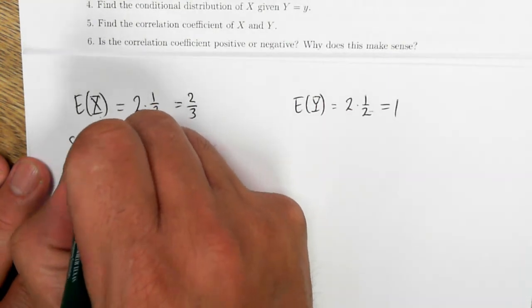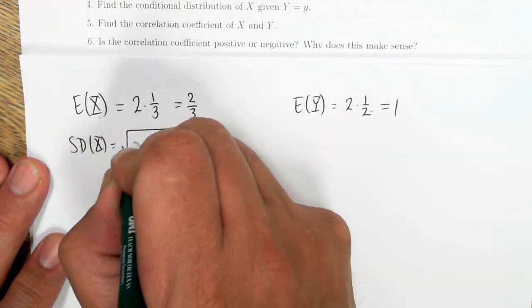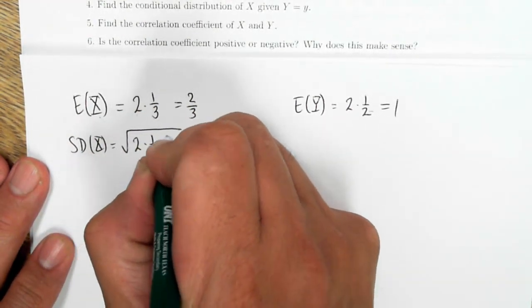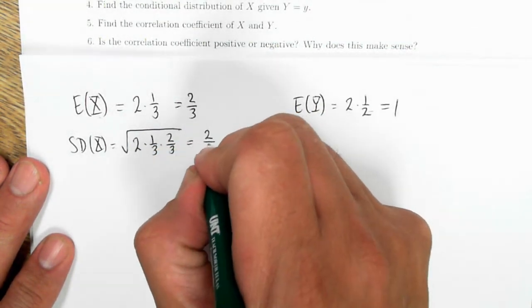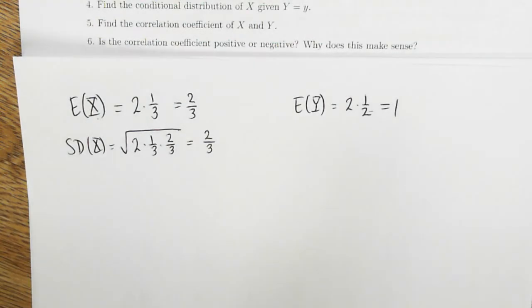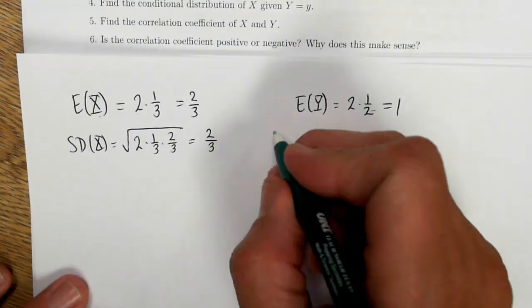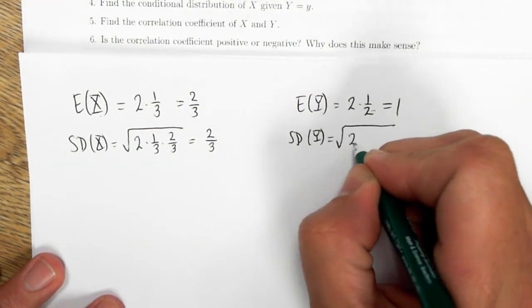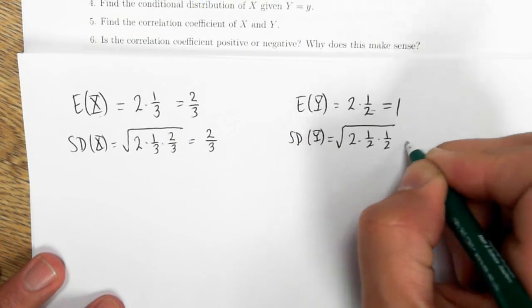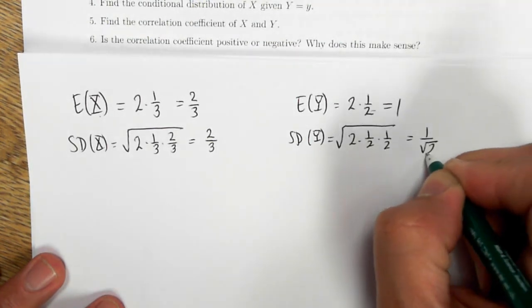The standard deviation of x is the square root of 2 times p times 1 minus p, and that works out to be 2/3. And for y, the standard deviation of y is the square root of n times p times 1 minus p, which is 1 over the square root of 2.